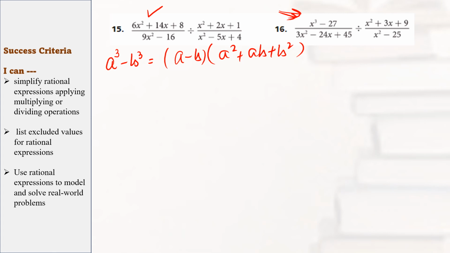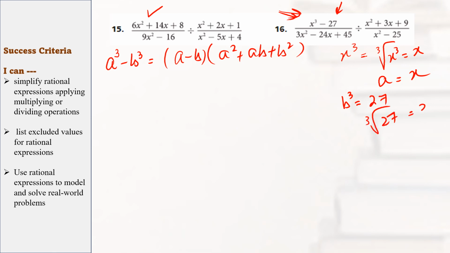Now, the cubic root of x cube is x, which means your a is x. The b cube is 27, which means the cubic root of 27 gives you 3.